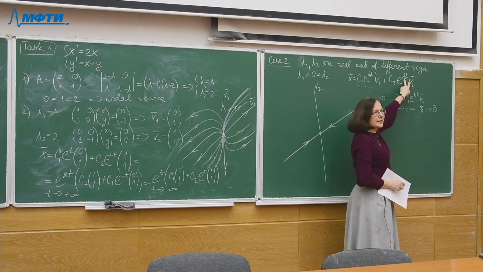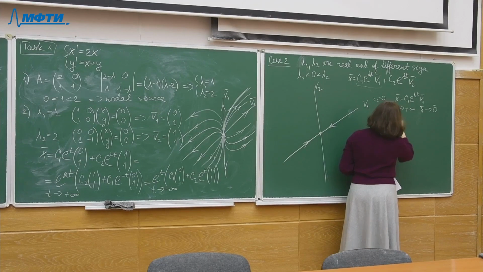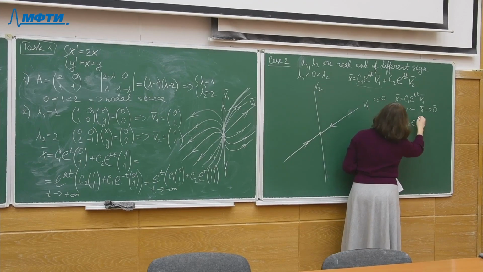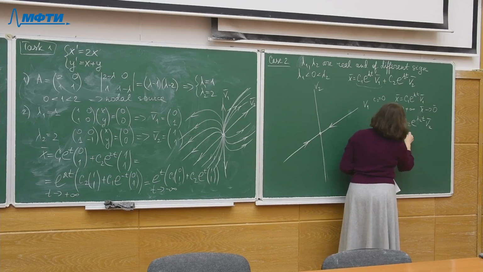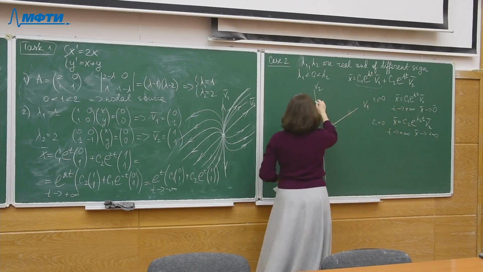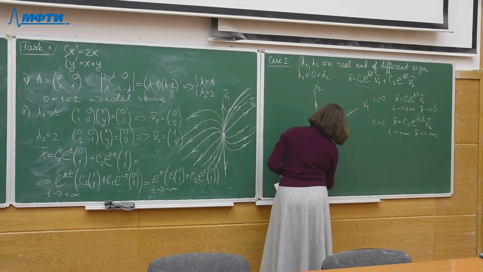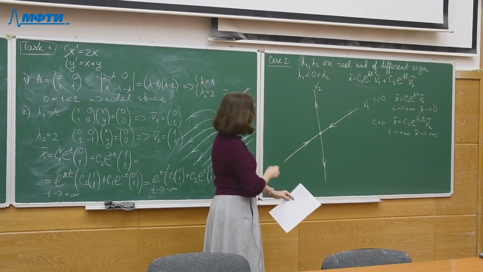So if c1 equals 0, then x equals c2 e to lambda 2 t v2. And as t approaches positive infinity, x approaches positive infinity, right? This means that we move away from the origin. Something like this.